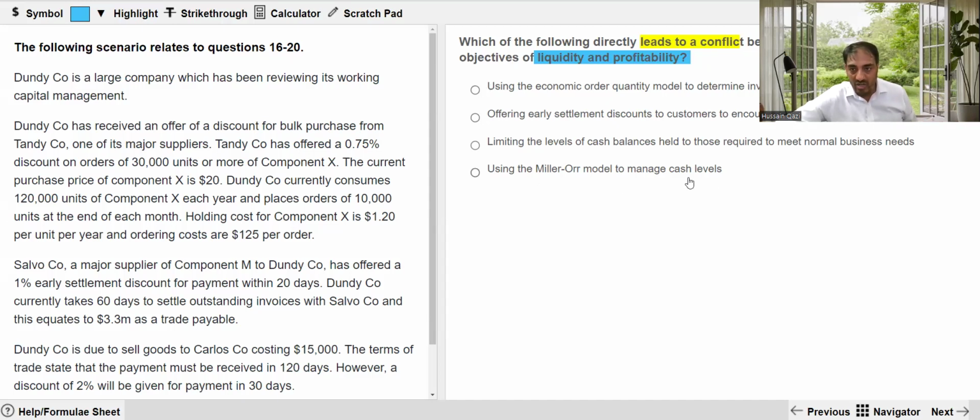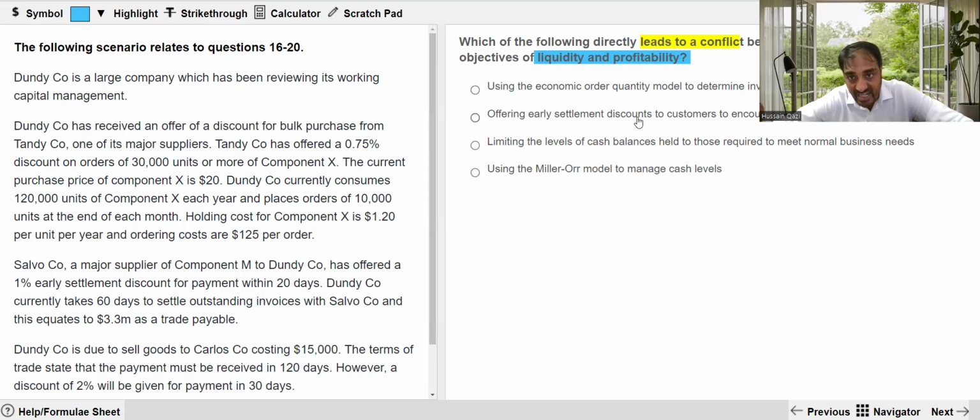Which of the 4 matters leads to conflict between working capital objectives of liquidity and profitability? One by one, listen carefully. Using EOQ model to determine inventory ordering policy. Read it carefully first. Don't take a decision.